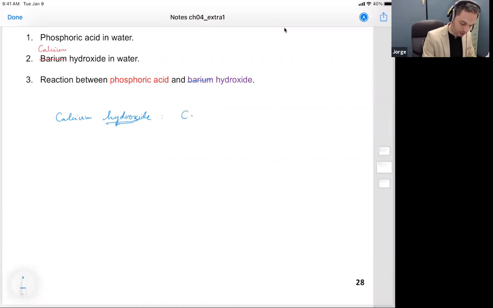Therefore, the formula is always the first element in the name, followed by OH. The number of hydroxyl ions is equal to the number of the group for the metal. Therefore, we have to have 2 hydroxyl ions because calcium is 2+.